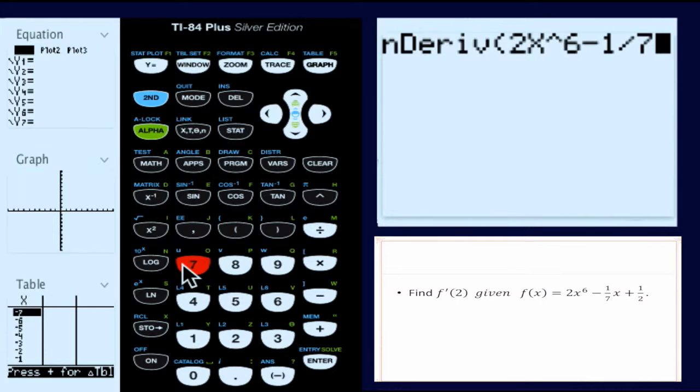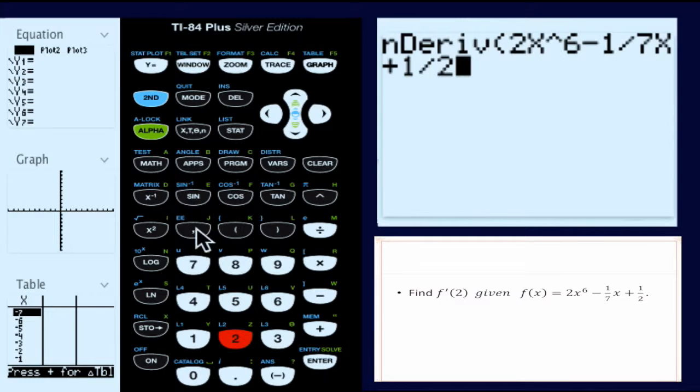That's still a fraction, 1/7 x. And then I'm going to add 1/2, so plus 1 divided by 2. Now when I'm in classic print, notice that instead of the screen going off to the left, it just swirls around and continues printing underneath, so you can see the entire equation. It just doesn't look very pretty. That's why they call the other print pretty print.